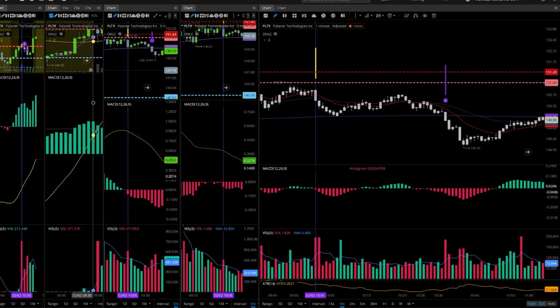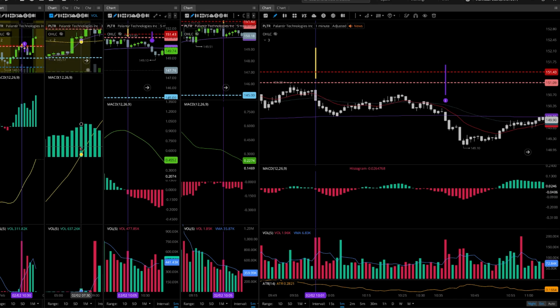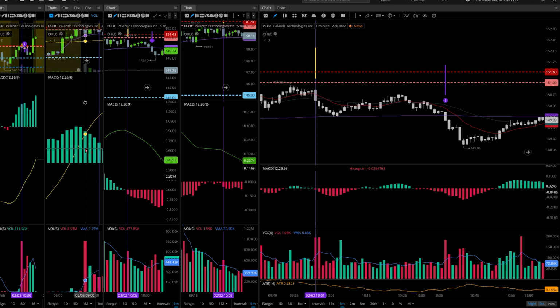If the MACD looked like this on the 30-minute chart at the time this candle happened, I would not have taken the trade because there's no break in variance yet. But right here, the variance starts to break. Now the variance is definitely broken. And by the time this trade setup happens, our variance is aligned with the trade, aligned to the downside.